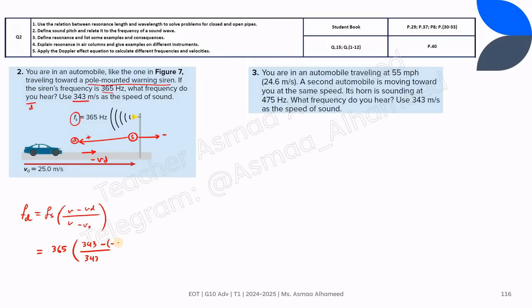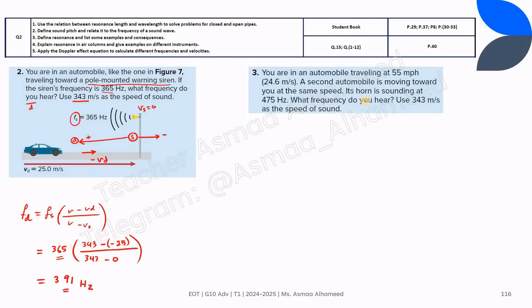So here we will say negative velocity of 25. And is the pole moving? No. So Vs is equal to 0 minus 0. So the answer will be 391 Hertz. So you are hearing a higher pitch sound.